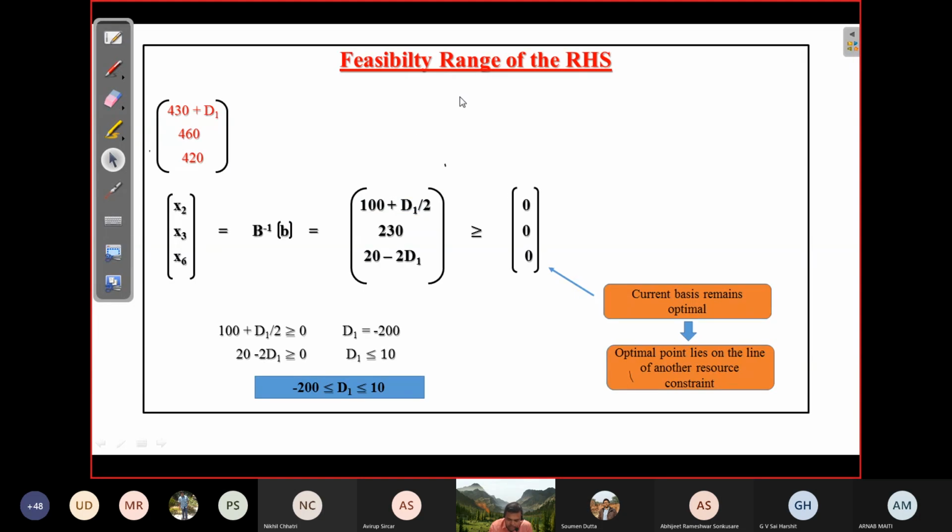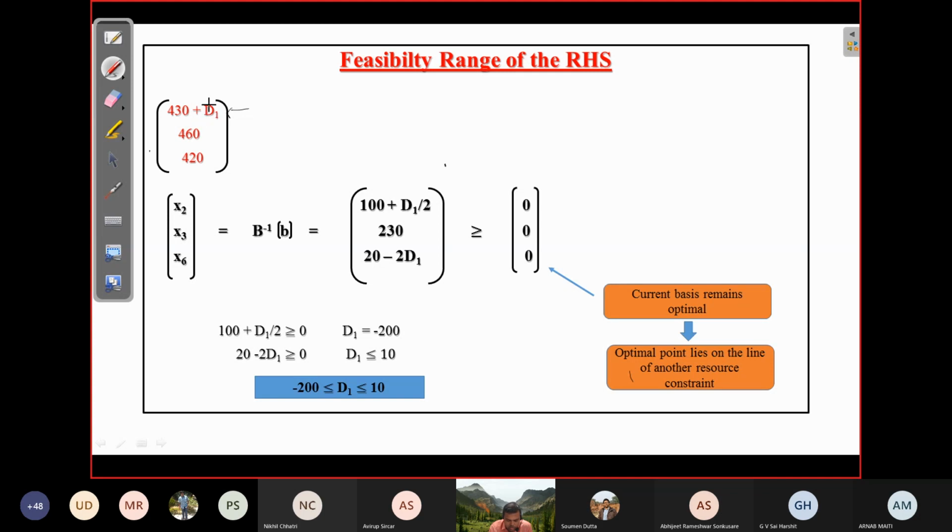Now we formally define this feasibility range of RHS based on these observations. We have seen that B inverse b must be greater than or equal to 0. Initially the small b was 430, 460 and 420. Now we are interested to see the range of the first resource, so 430 plus D1.